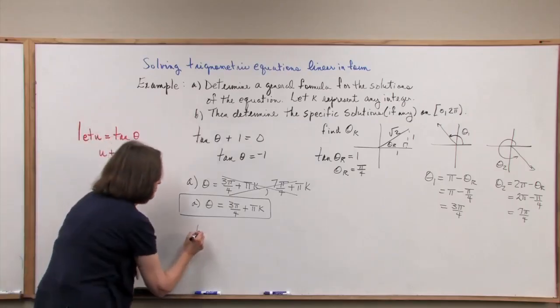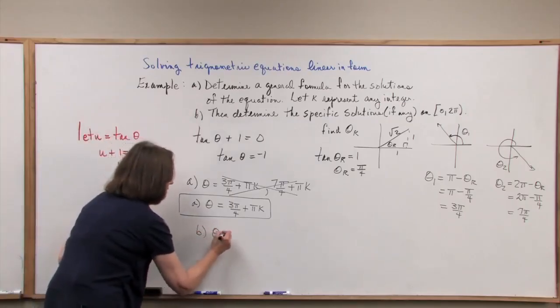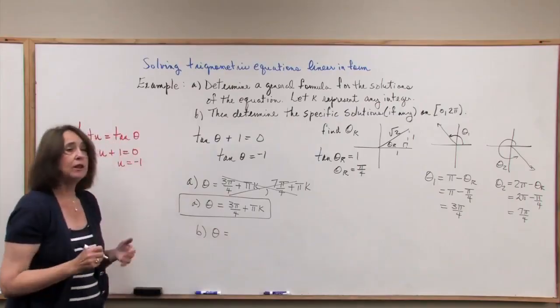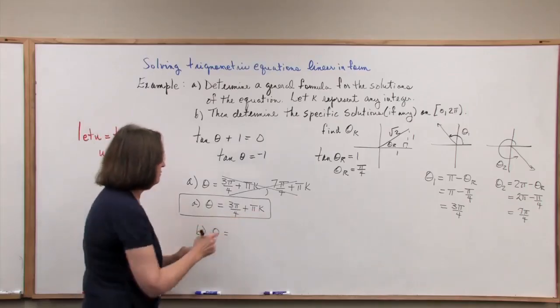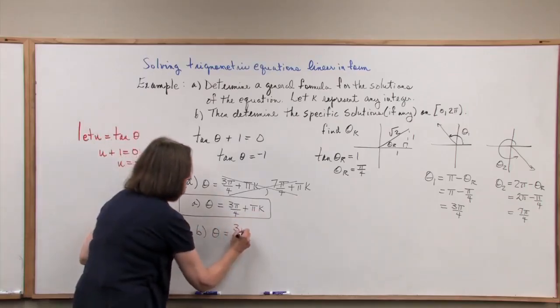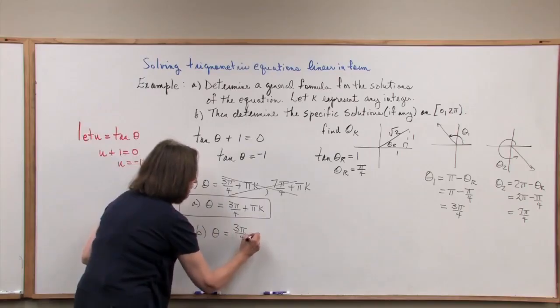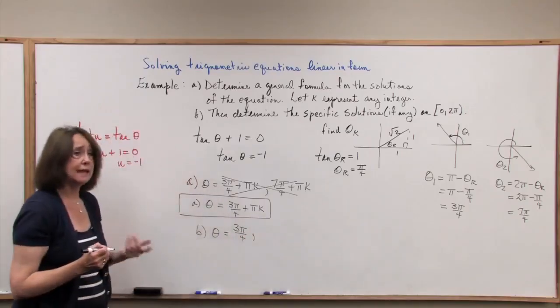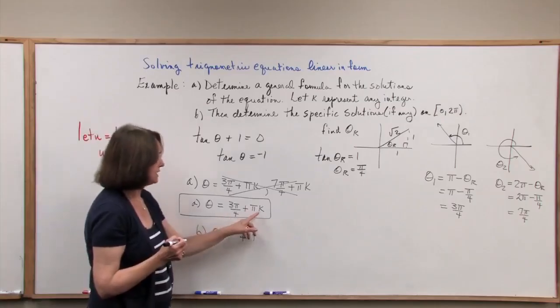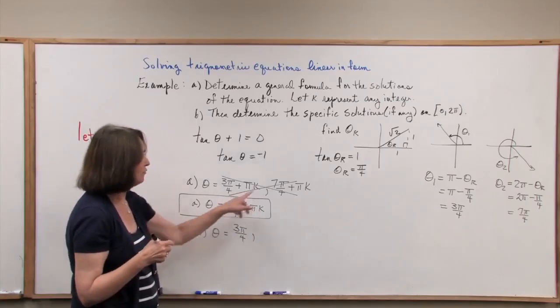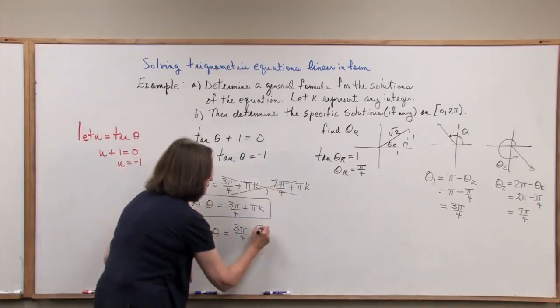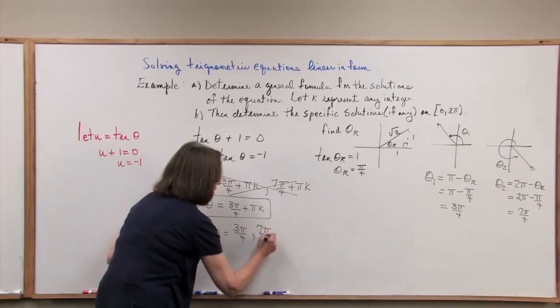Now, in the B part, we will begin by letting k be 0. That, of course, gives us 3 pi over 4. Let k be 1, as we previously said. Pi plus 3 pi over 4 is 7 pi over 4.